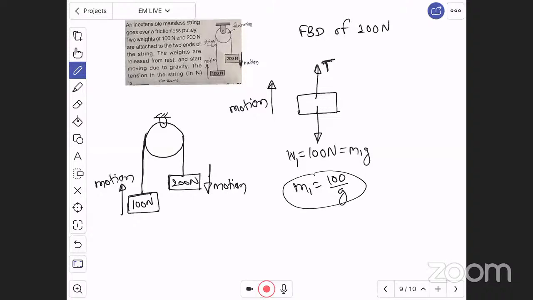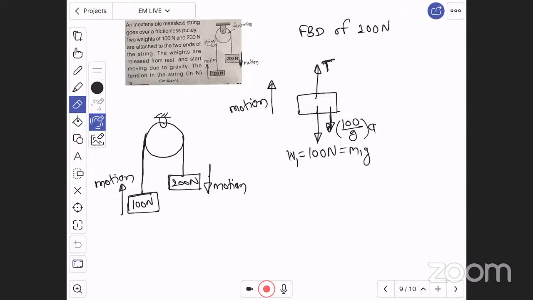And as motion is upward, opposite to this real motion there will be inertia force, imaginary force opposite to the motion, which will be pseudo force, that is m1 into a, which is nothing but 100 divided by g into acceleration a, right? This will be the inertia force, right? तो इसकी तो फ्री बॉडी डायग्राम निकल गई.